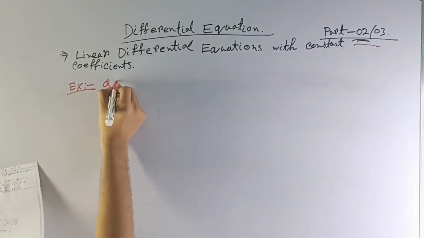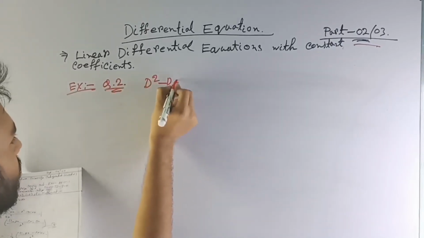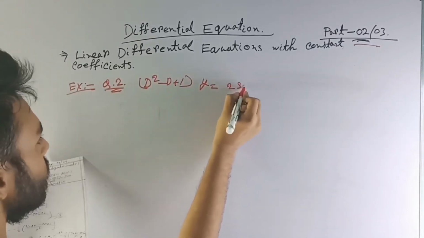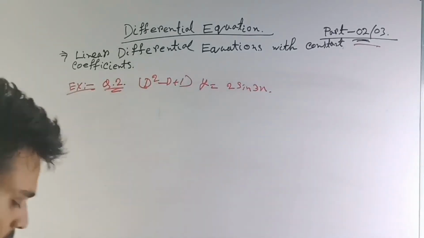Now the second question, question number 2: (D² − D + 1)y = 2 cos 3x.